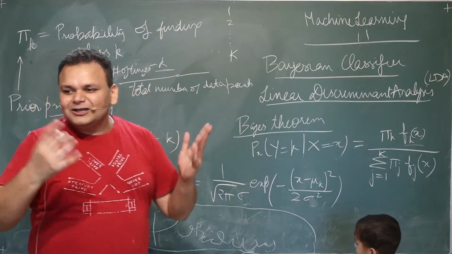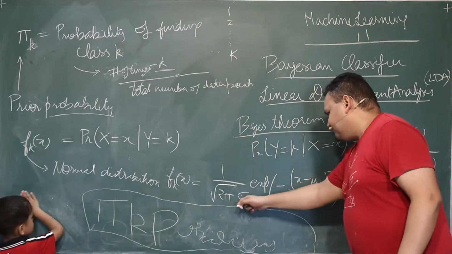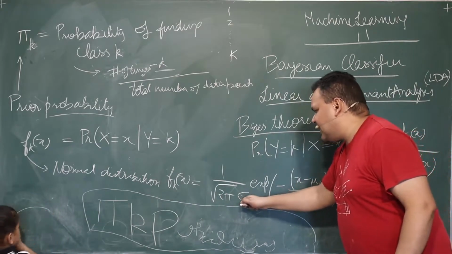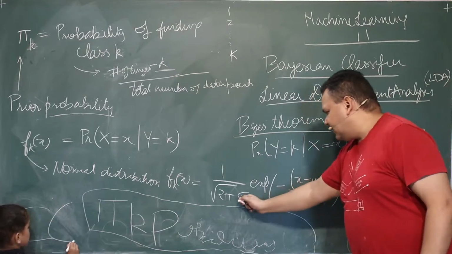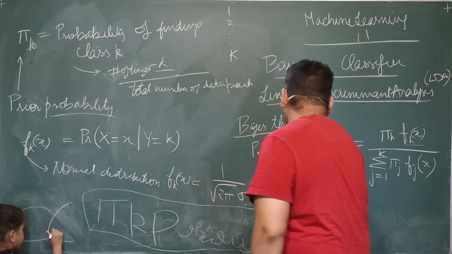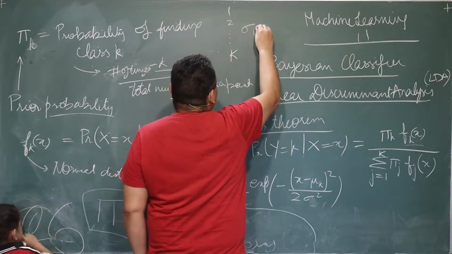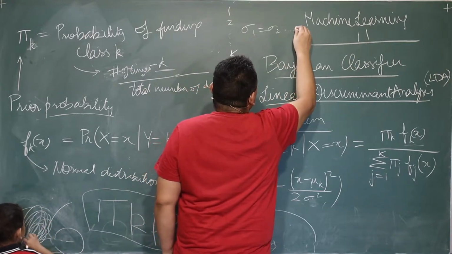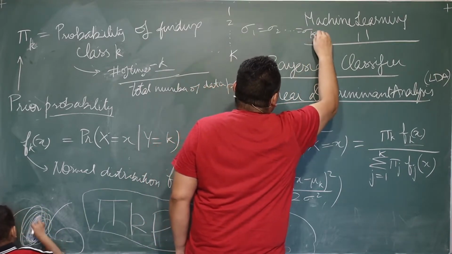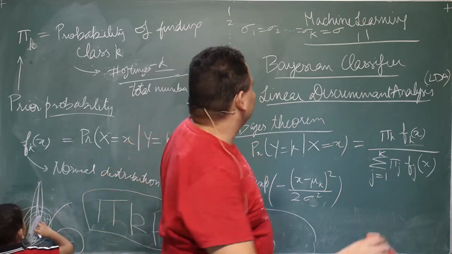The variance of all the capital K distributions is exactly the same. So sigma 1 is equal to sigma 2 is equal to sigma capital K is equal to sigma. That is my new definition of sigma.